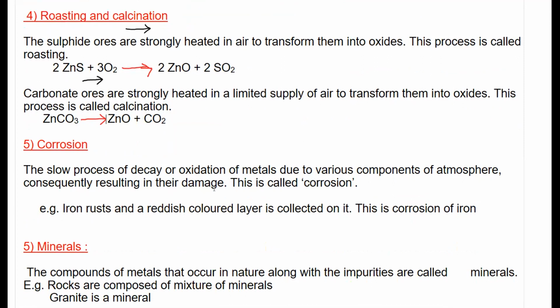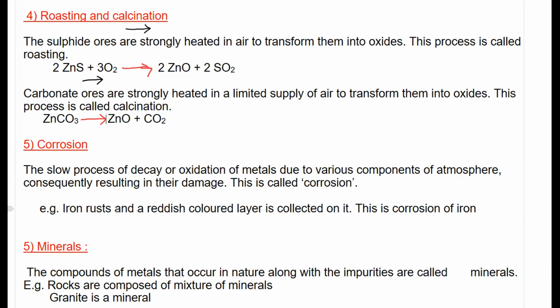We know that when metals come in contact with air, they react with the oxygen in the air and their oxides are formed. That means they undergo corrosion. Or when they come in contact with water vapor, moisture, chemicals or acids, that results in the destruction or damage of metals. This process is called corrosion.